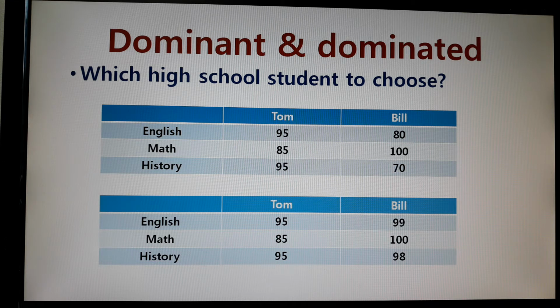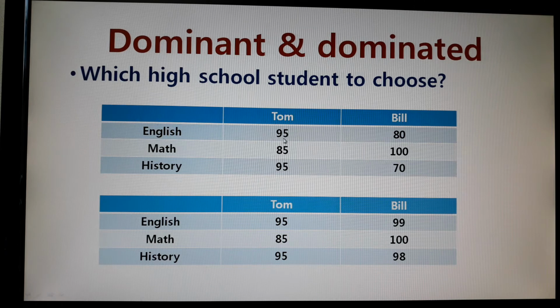Every year, the professors working for the admissions office are wondering about these cases. We have high school graduates named Tom and Bill. And we evaluate them in three fields: English, math, history.